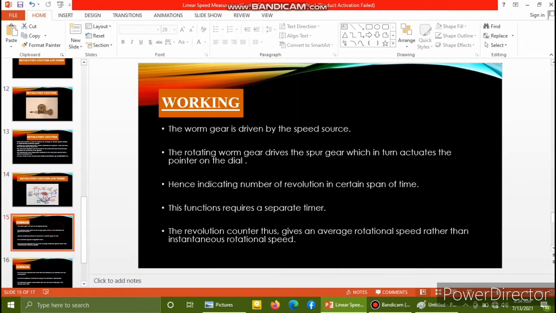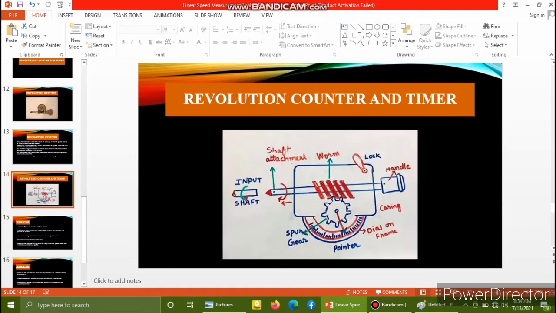So, in the working of this, the worm gear is driven by the speed source. So this is the worm gear. Once it is rotating, it also drives the spur gear. It rotates, and the pointers will point to the dial on the frame, which tells us how many revolutions there are.